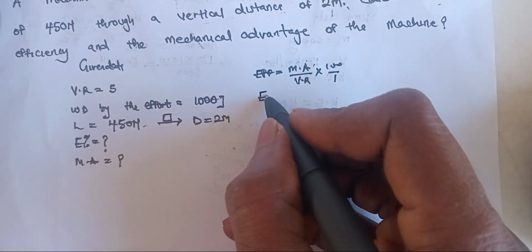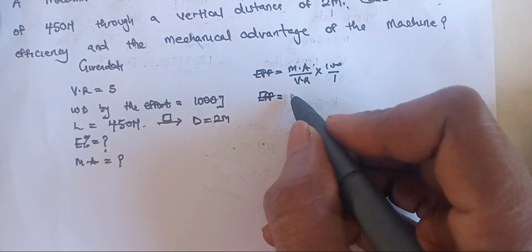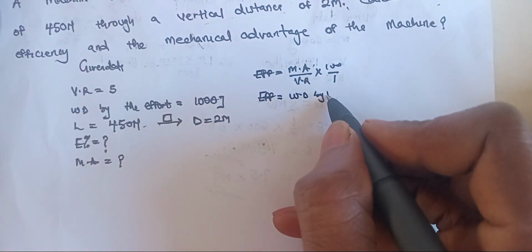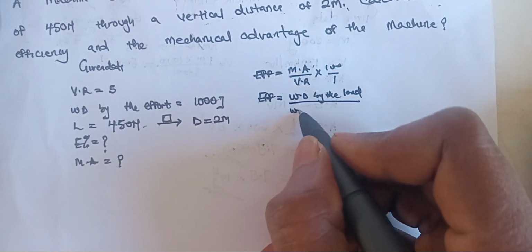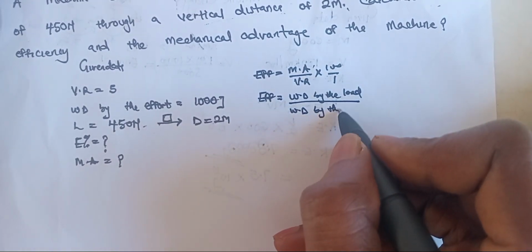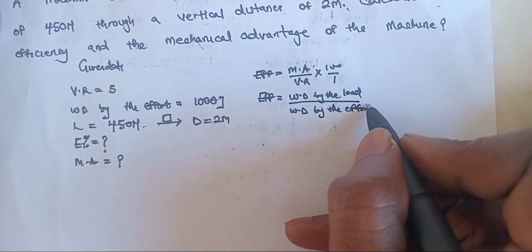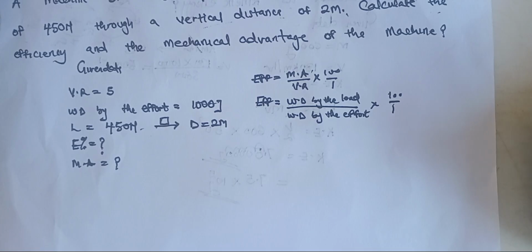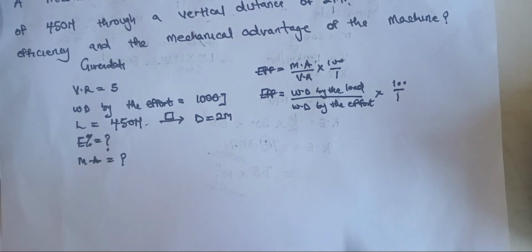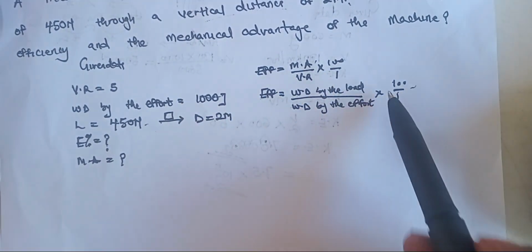Also, efficiency equals work done by the load upon work done by the effort, multiplied by 100 over 1, because efficiency is measured in percentage.